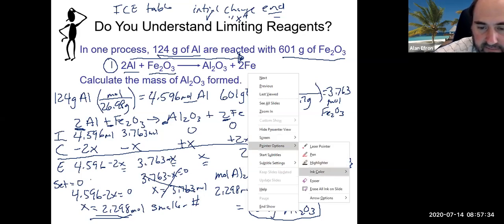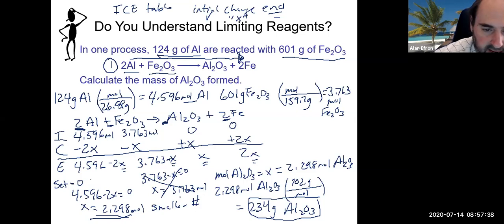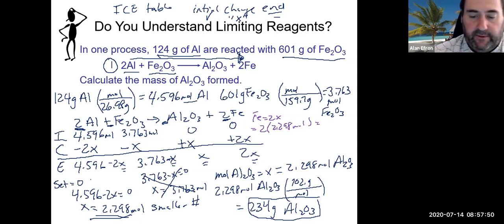We know that iron is equal to 2x, so we could take 2 times our x value, and we would see that we produced 4.596 moles.